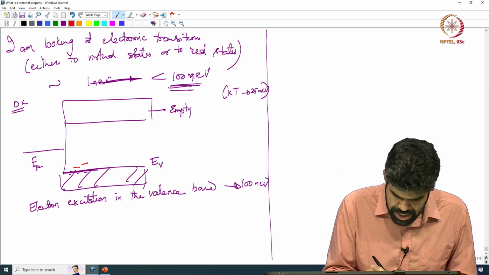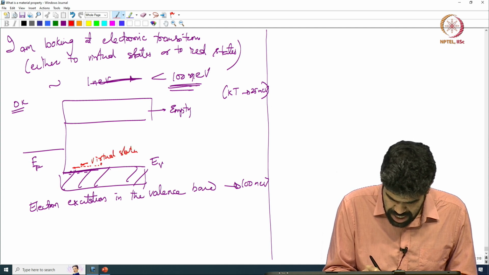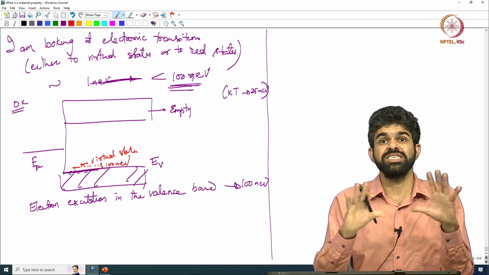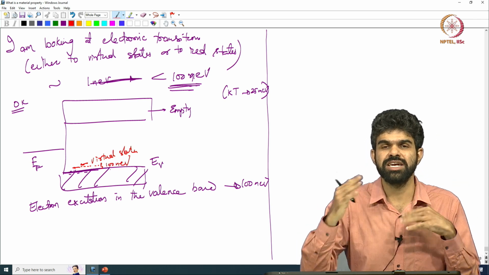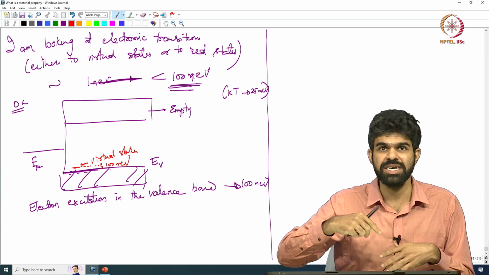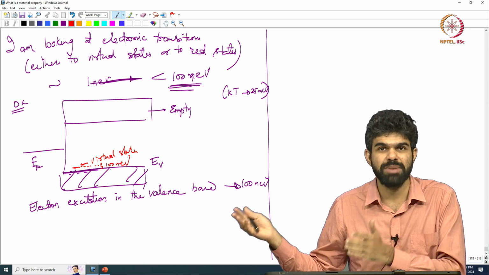These all tend to be virtual states, which I am just going to dot. 10 megahertz means it is about 100 nano electron volts. This is the energy scale of operation where I excite these electrons to virtual states, and then they spend almost no time there, they come back, they de-excite, and this excitation and de-excitation process is what I am measuring as capacitance.